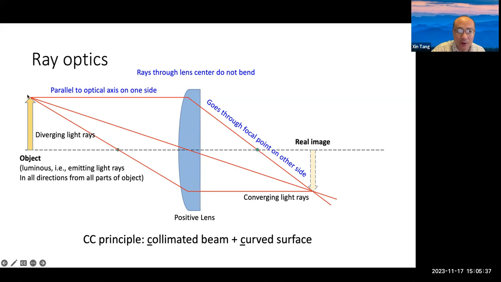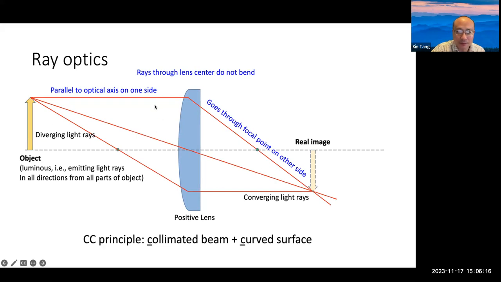For example, for the top of the object, the light emitted from this point, we can draw 3 representative paths, and they will converge at a point at the back of the positive lens. That point is further away from the back focal point of this lens. So they will focus here, and this is called a real image, because the light coming out from this point really converges here. It's not a virtual image.